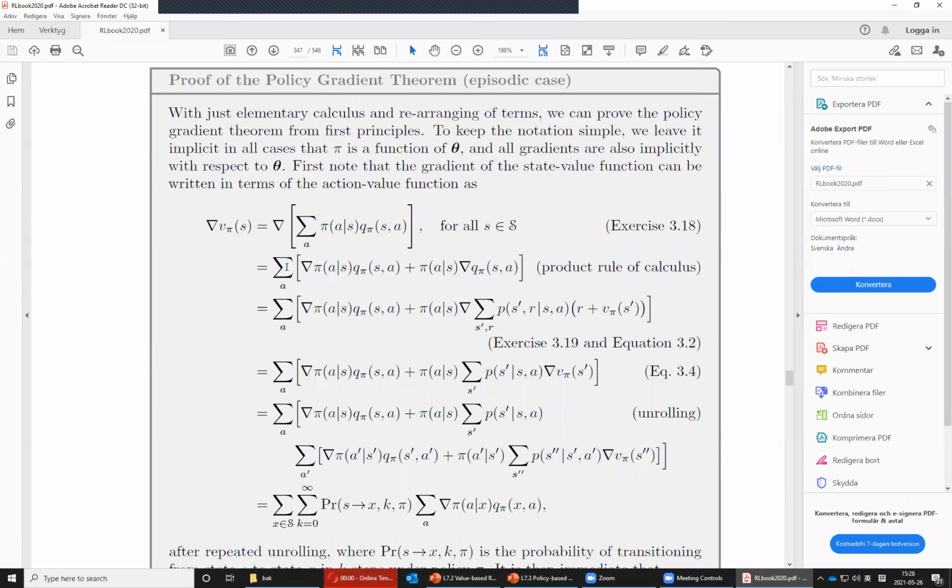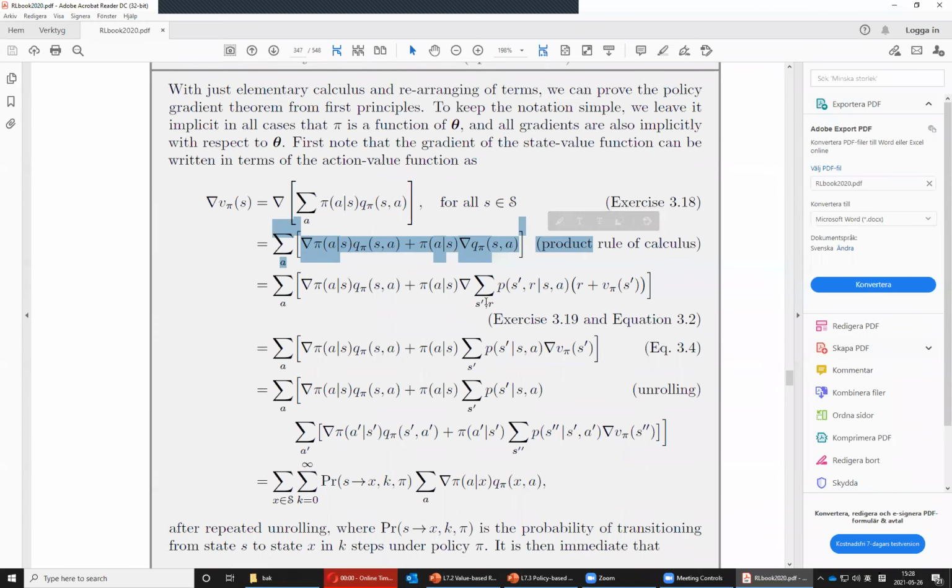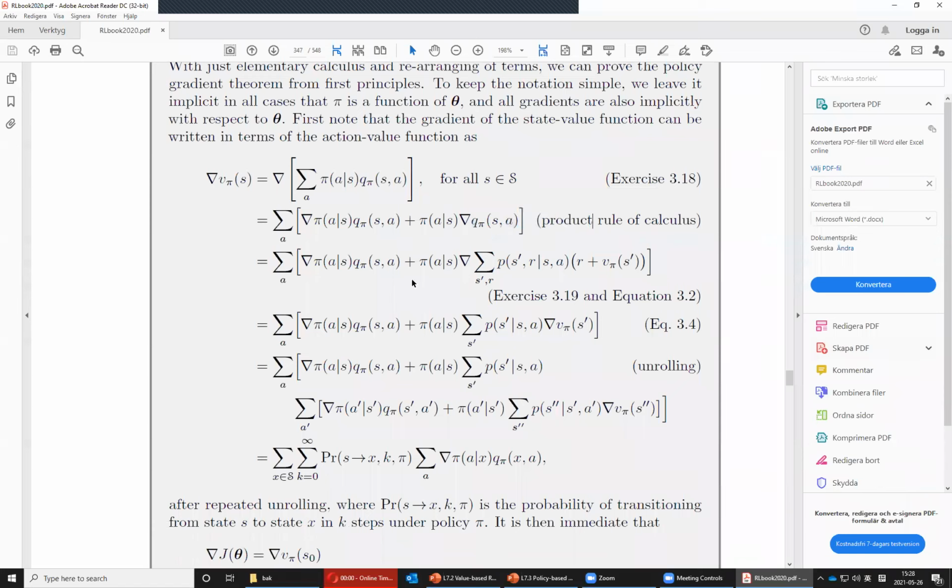So this is where we stopped. We just wrote this part, product rule of calculus, and then we jumped to the conclusion. But the derivation process goes like this. You substitute the q pi as expressed in the v pi. This is our Bellman equation. And then the derivative gets rid of the small r term because it's a constant. You have this.